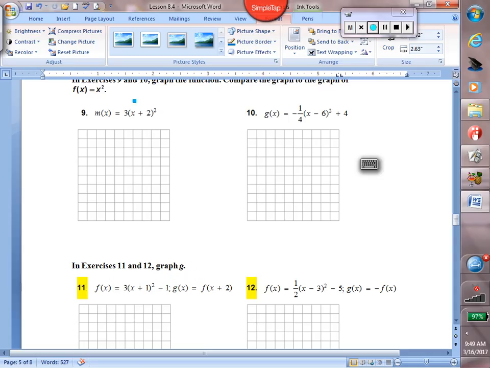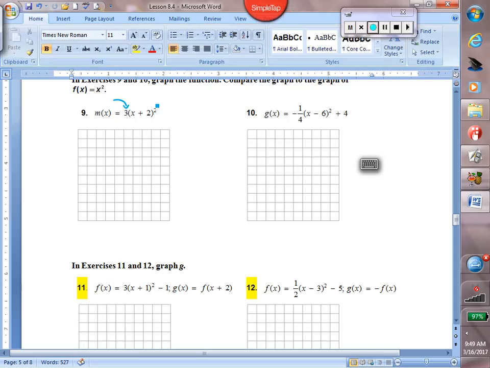The first one I come across is a 3 in front of my squared term. That 3 is bigger than 1, so it's going to cause a vertical stretch. The next thing I come across, I'm adding 2 inside the parentheses that are being squared. Remember, adding 2 caused our graph to go left 2.